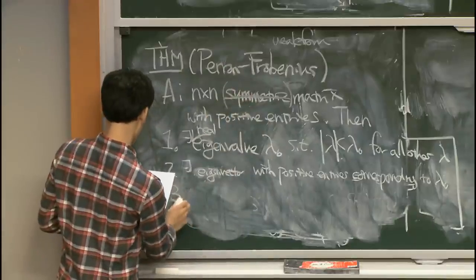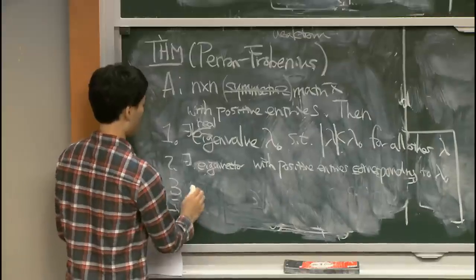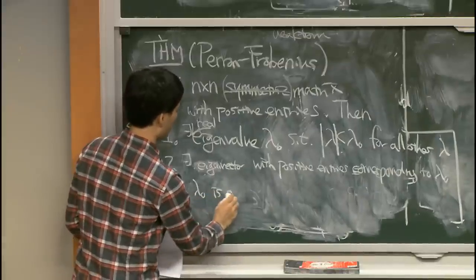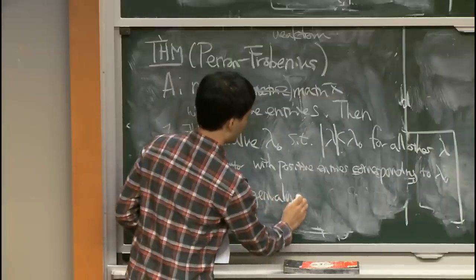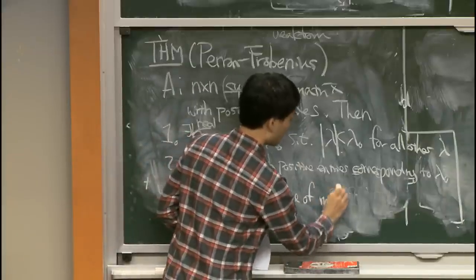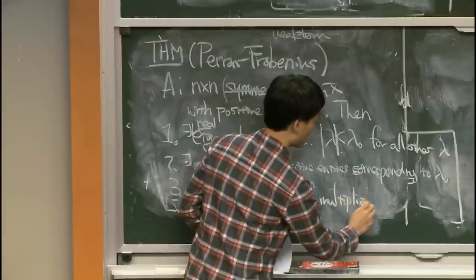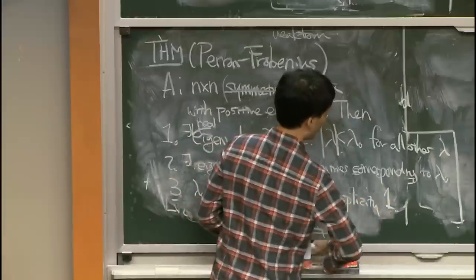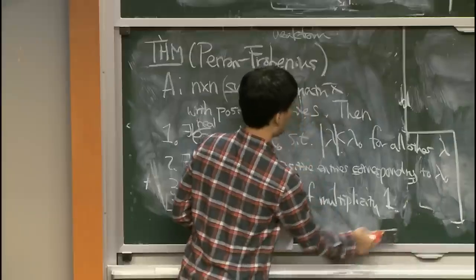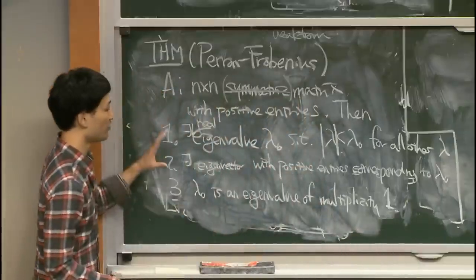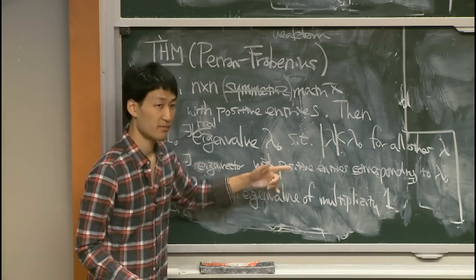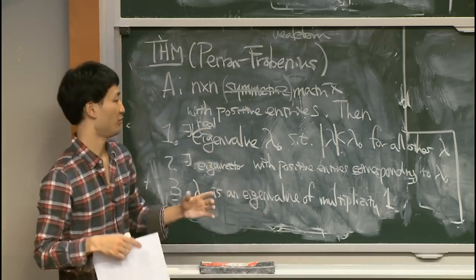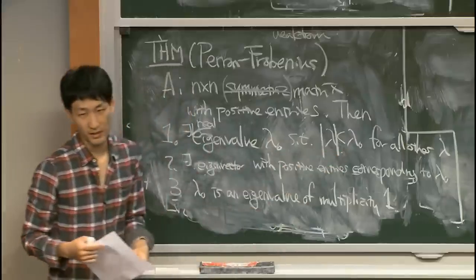And the third part is lambda 0 is an eigenvalue of multiplicity 1, for those who know what it is. So this really is a unique eigenvalue with a unique eigenvector which has positive entries, and it's really larger than other eigenvalues.